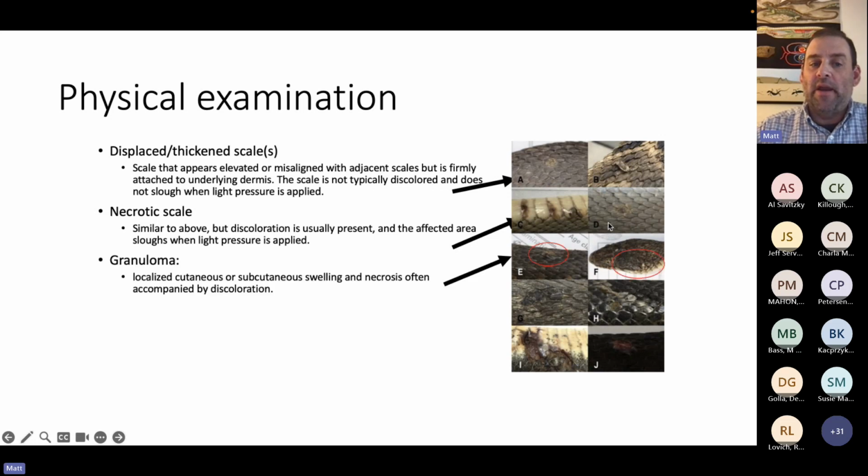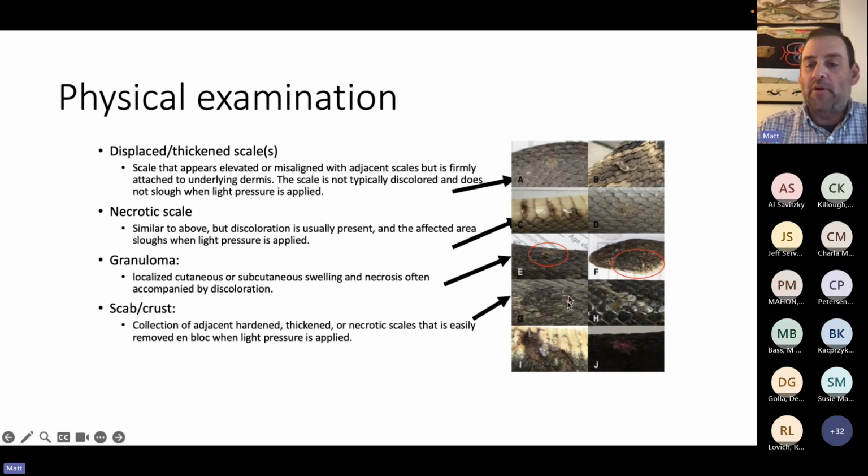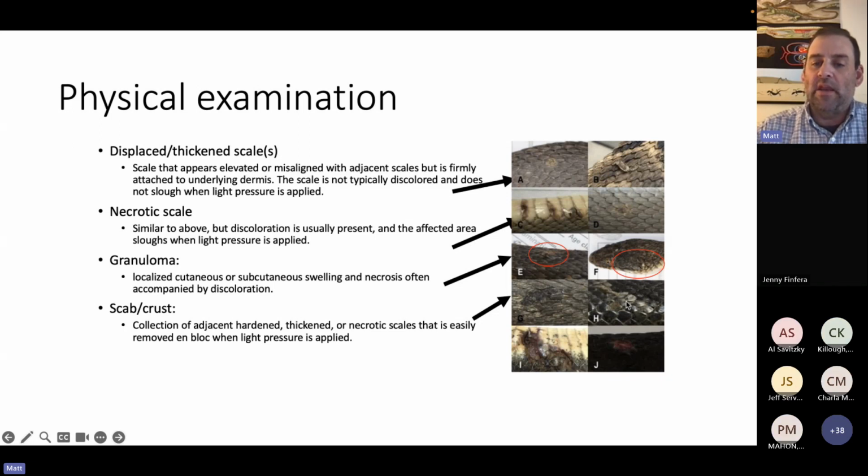But it starts to spread, and it can form either a granuloma, which is this elevation with pustule type material underneath it. This is a Lake Erie water snake with it on the side of its head. Or it can progress to these collections of necrotic scales, these scabs or crusts that are more than one scale in size.